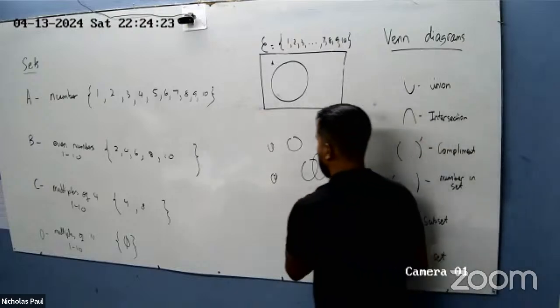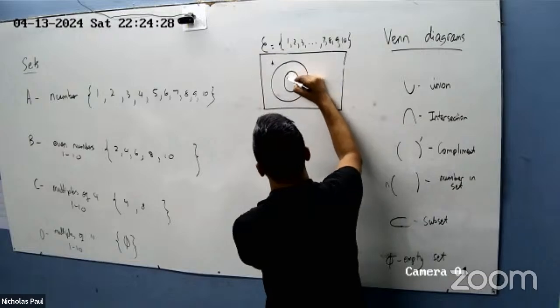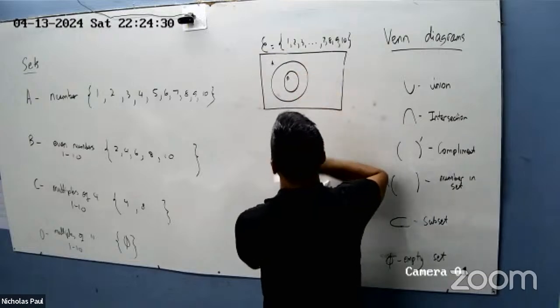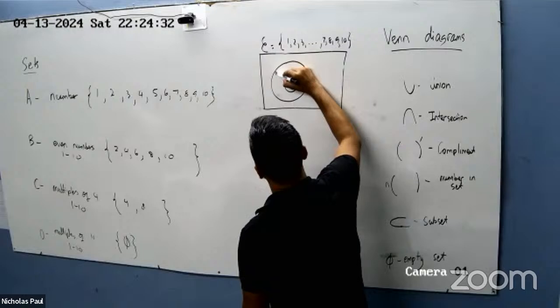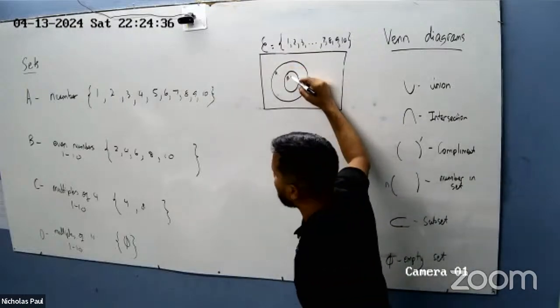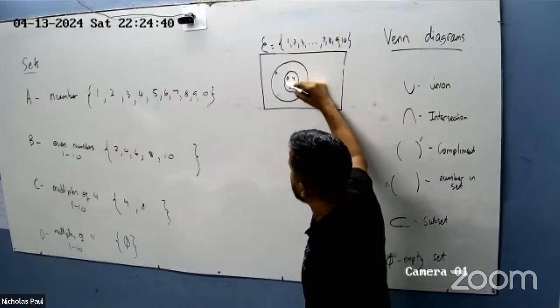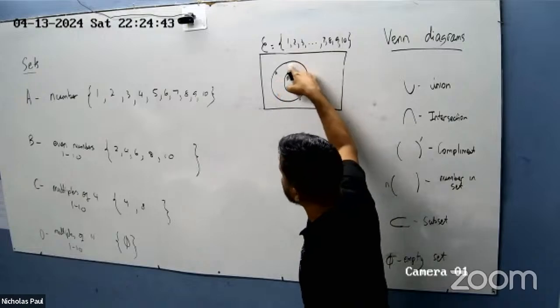So we would draw B in here, and A in here, and then we list it out. B is what? 4 and 8. So here's 4, here's 8.